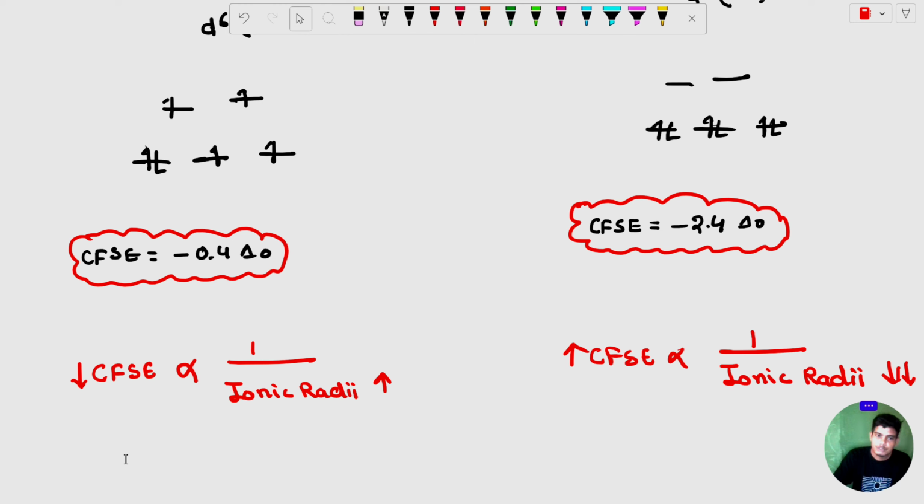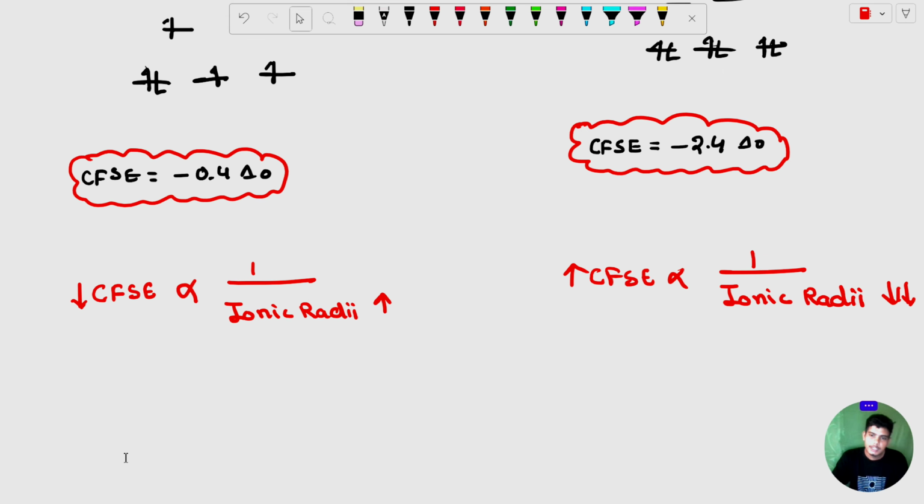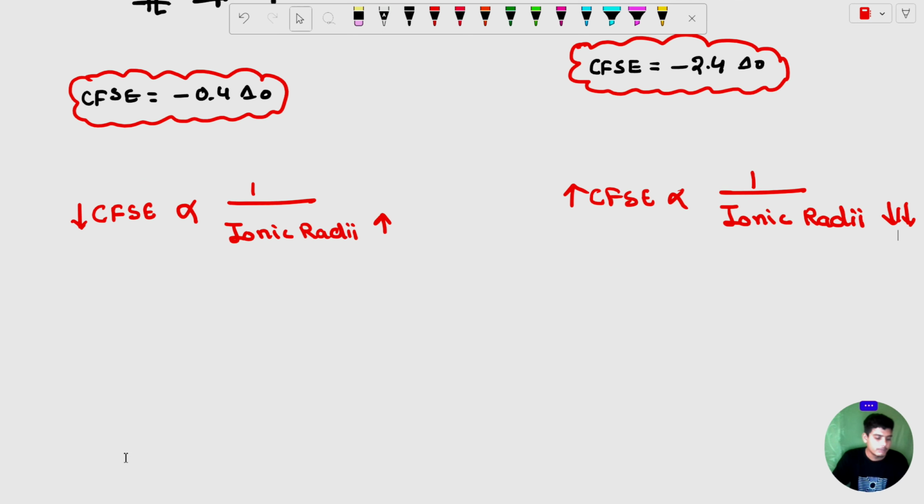Okay, on the basis of CFSE value you can also calculate the ionic radius. If the CFSE value is low the ionic radius will be high. If the CFSE value is high the ionic radius will be low. Simply, this is a simple representation of oxymyoglobin and deoxymyoglobin.